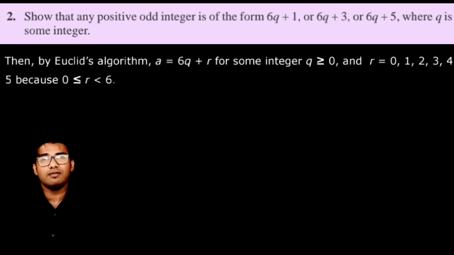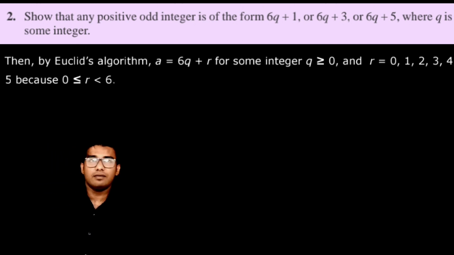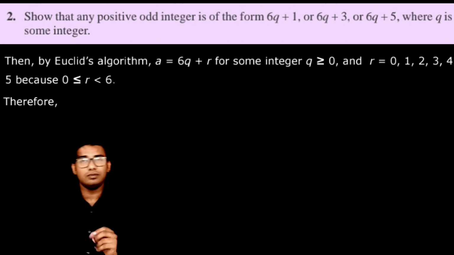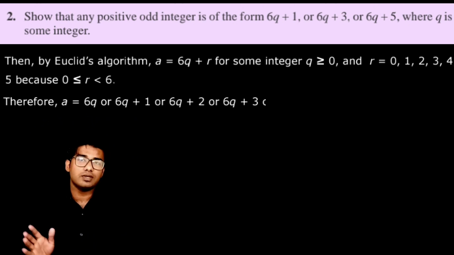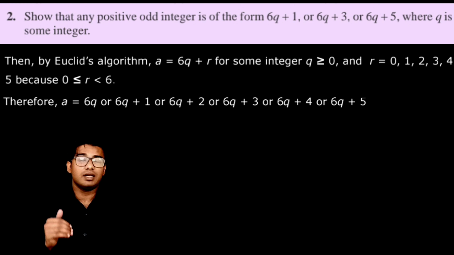So therefore a is equal to 6q, or 6q plus 1, or 6q plus 2, and so on, and a is equal to 6q plus 5 is the last result.